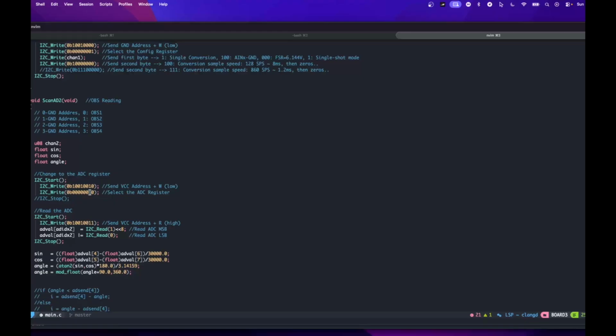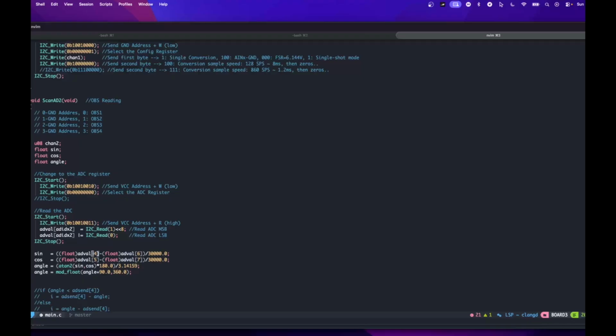Basically the reading of the data happens here. It's 15 bits of data, so I need to read it twice. I read the MSB and the LSB sequentially, and the magic happens actually here. I reconstruct the sine and cosine using the 2 components I am reading.